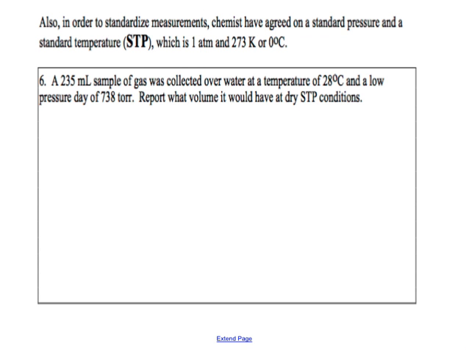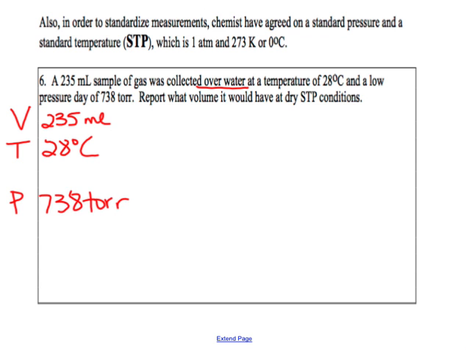A 235 mL sample of gas, so that's our volume, was collected over water at a temperature of 28 degrees Celsius on a low pressure day of 738 torr. Report the volume it would have dry, so that's another thing saying, hey, we got to get rid of the water, at STP conditions.